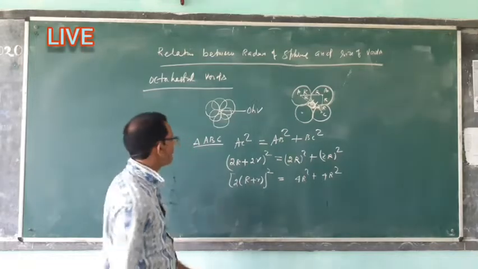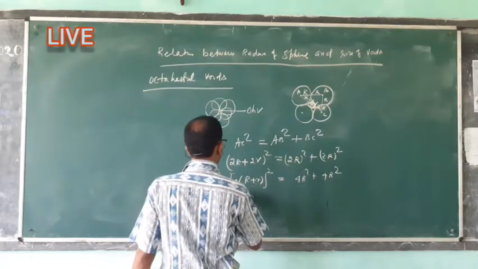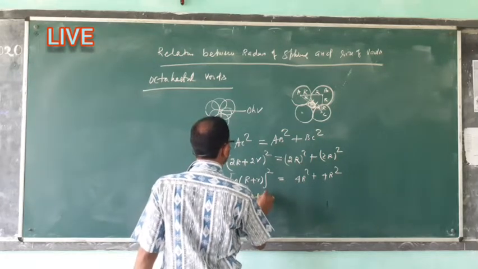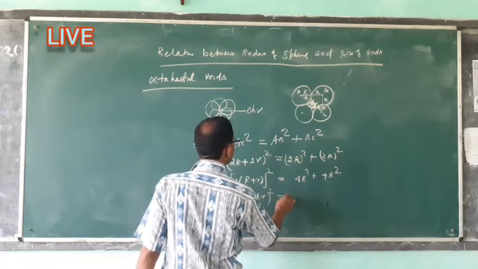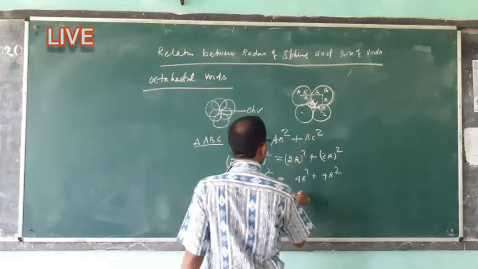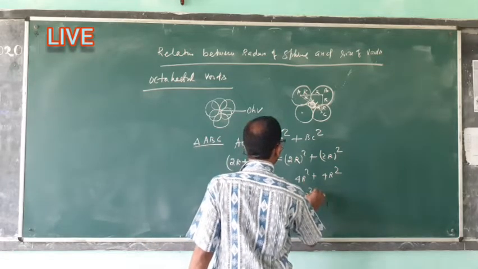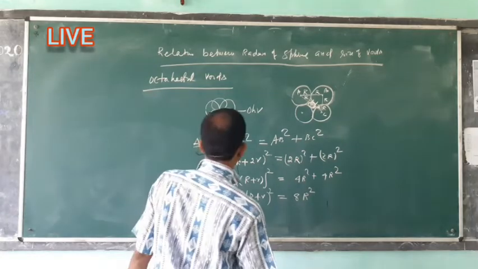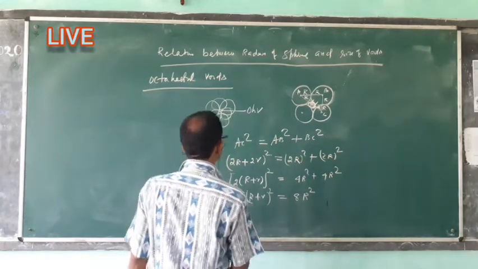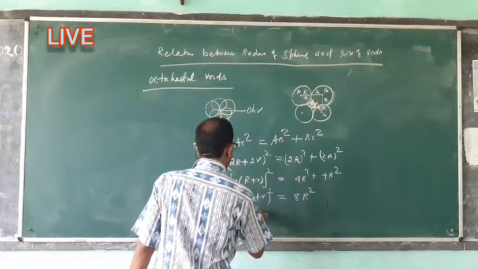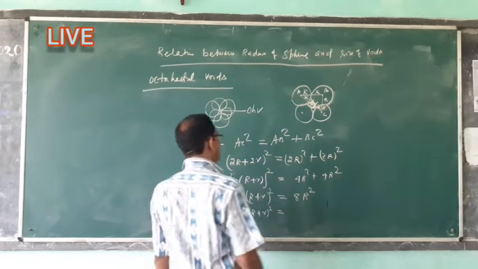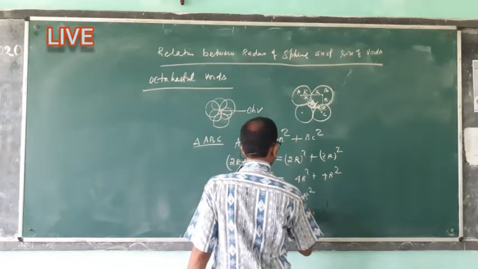Then 4 (R plus r) square is equal to 8R square. Then (R plus r) square is equal to 2R square.